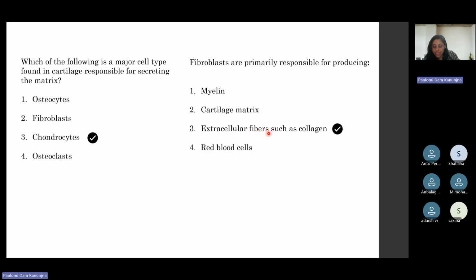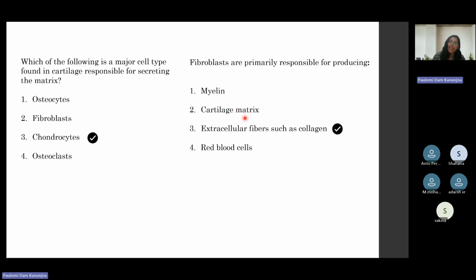As I mentioned, it's for your fibers. So you don't just have collagen, you have elastin, you have reticular fibers. All of these fibers are from these cells, right? While myelin is more associated with the nervous system. It is produced by oligodendrocytes and Schwann cells that you will encounter in the nervous system.